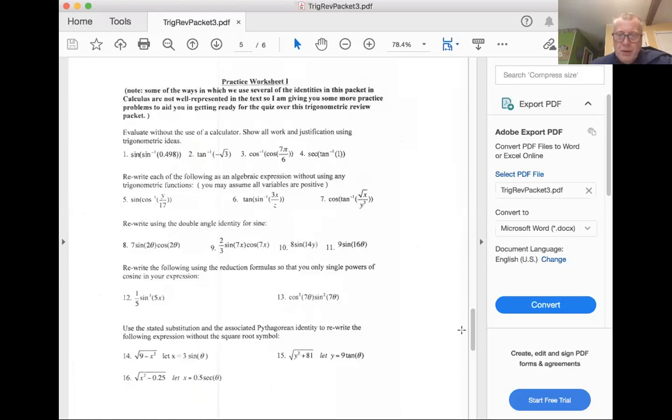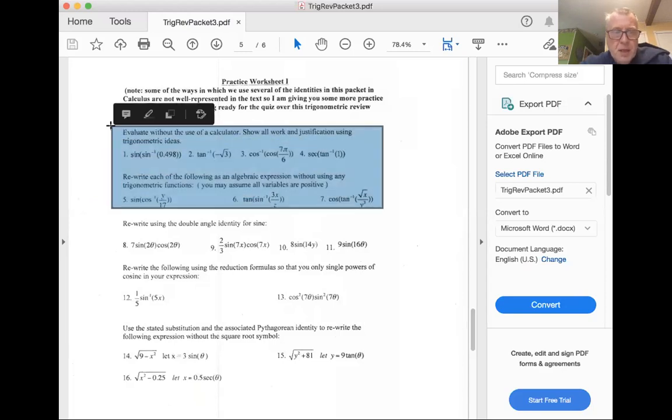There are 8 pages of stuff on this trig packet. For your next test, you're responsible for the first 7 problems on this trig packet. The other stuff we're going to have for the last test.